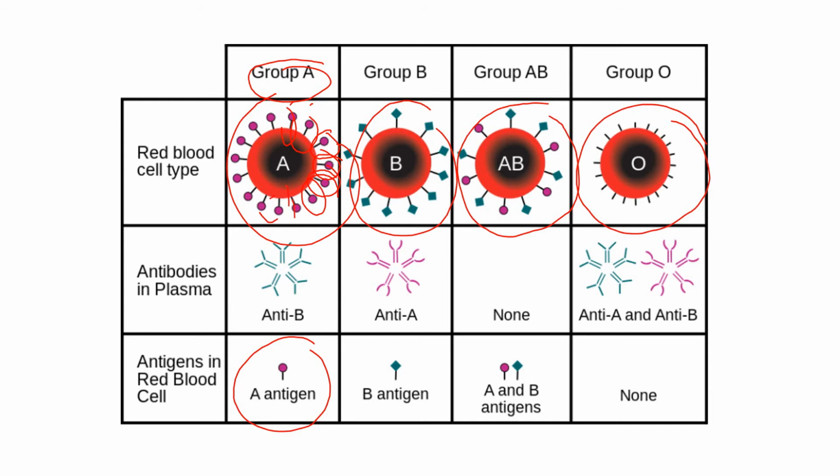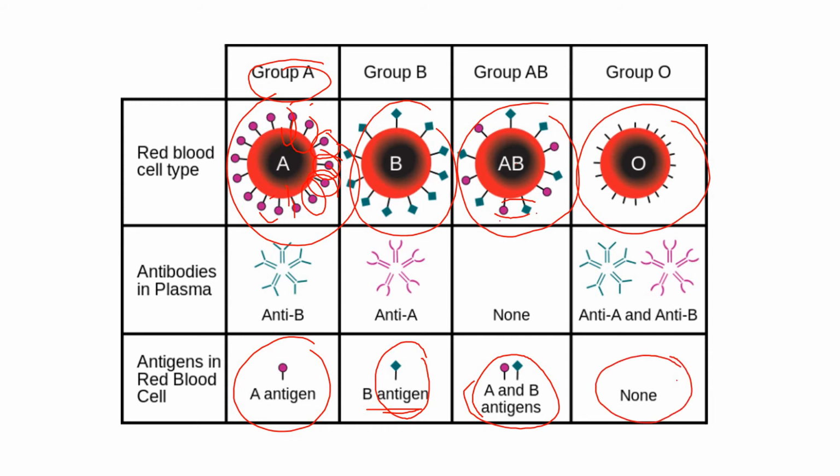So if you have those, you're type A. If you're type B blood, you have these little green pins called B antigens. If you're type group AB, that means you have both A and B, so it looks like it has a combination of both. And if you're type O, you don't have type A or B, so you have no antigens.